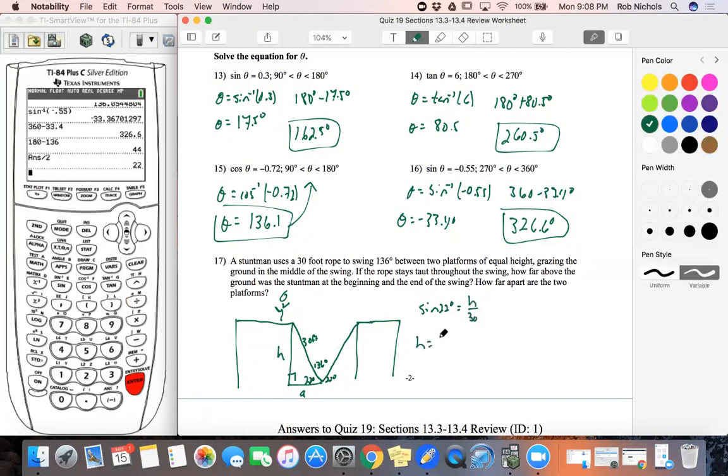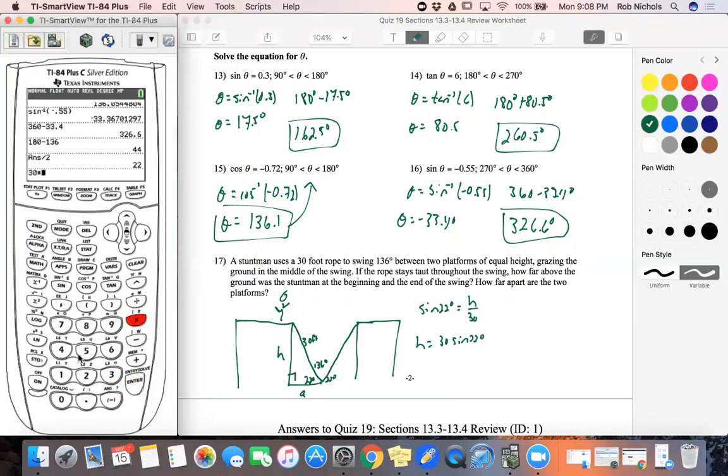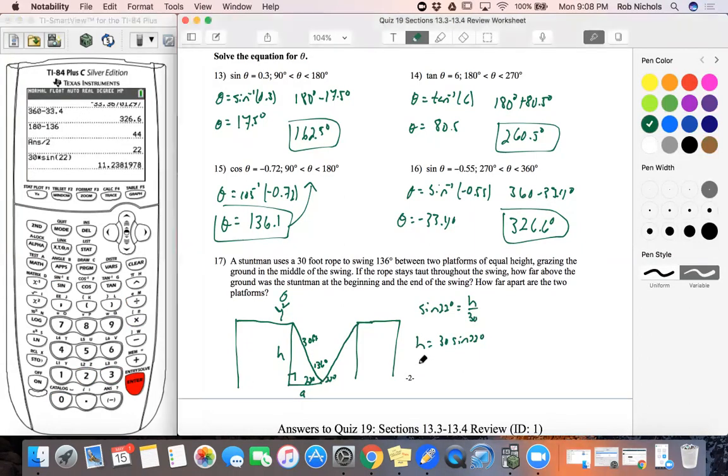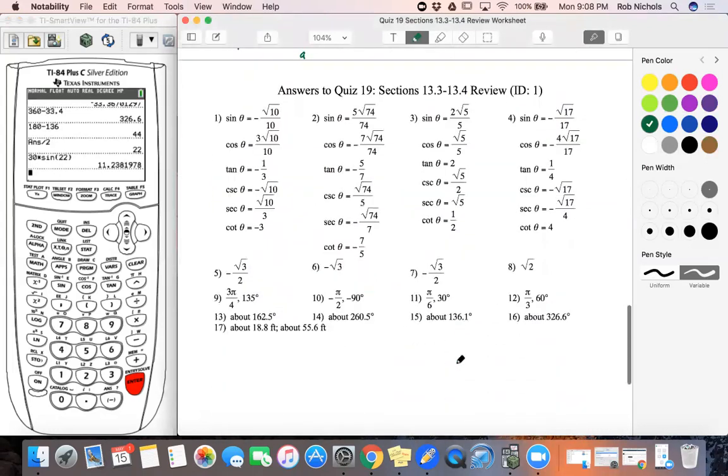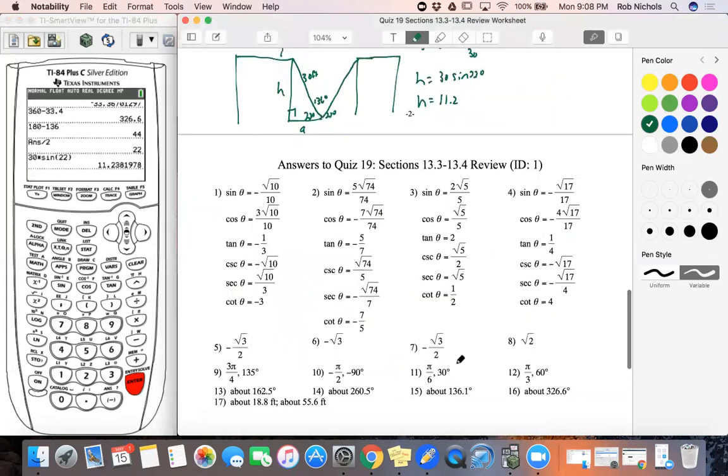So H equals 30 times the sine of 22 degrees. Let's see if that could be the right answer. And I'm getting the height H equals 11.2. Not quite.